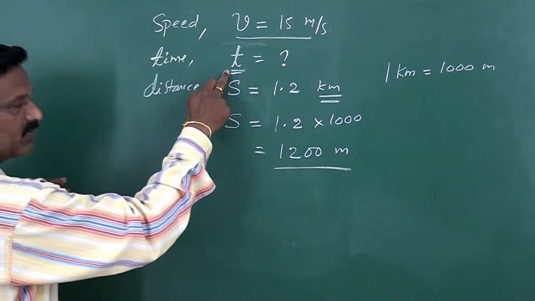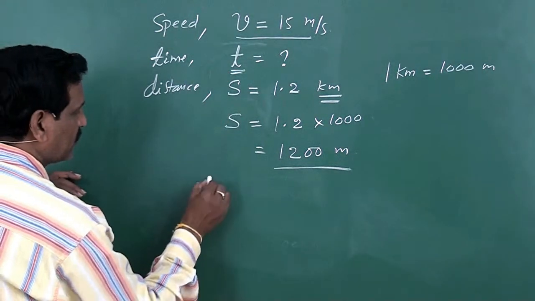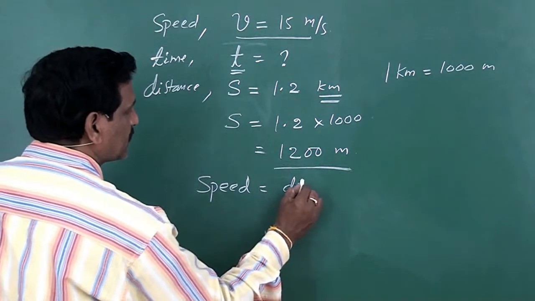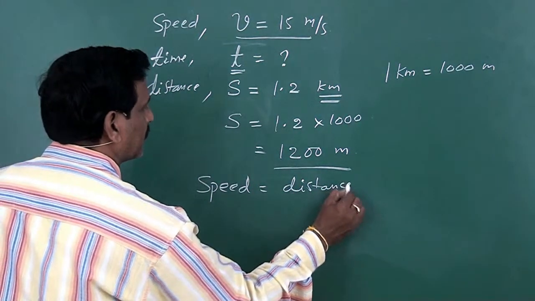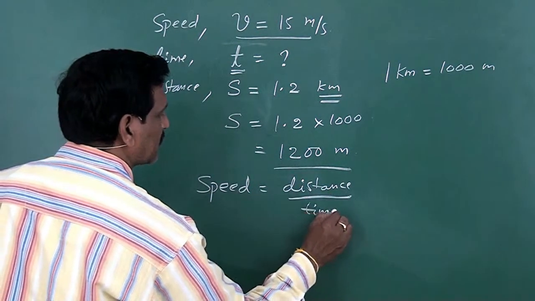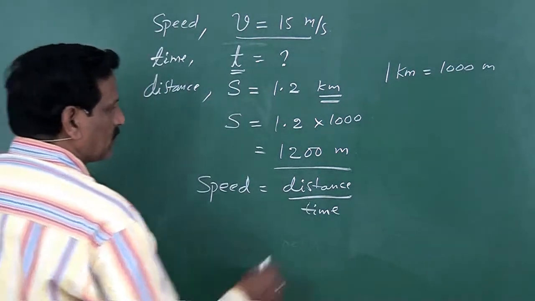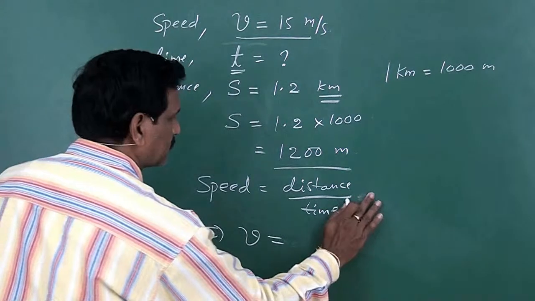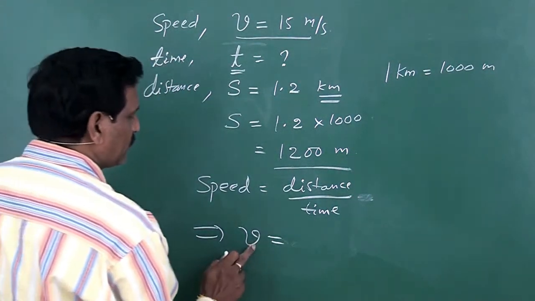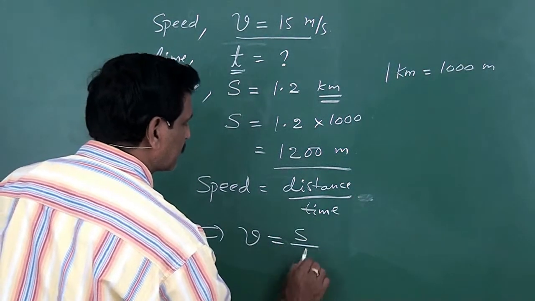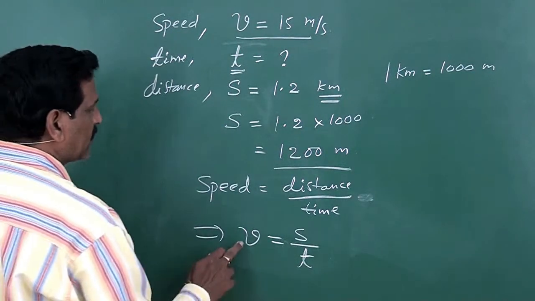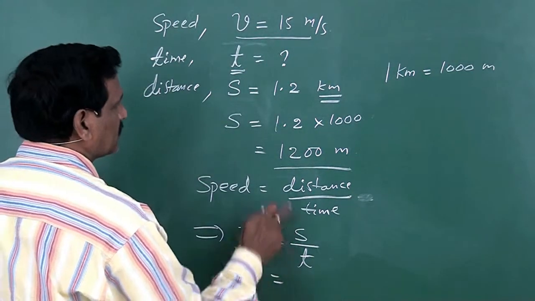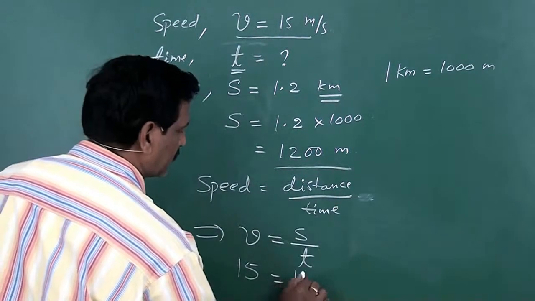So this is distance and this is speed. We have to find the time taken. From the definition of speed, speed is equal to distance by time. If speed is written as V, V is equal to S by T. And here V is given as 15, S is given as 1200 meter.